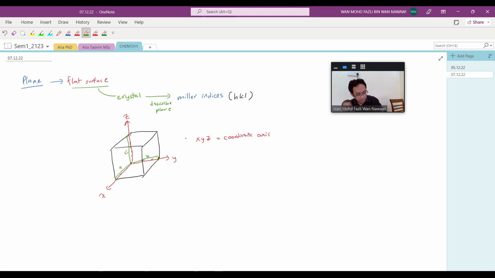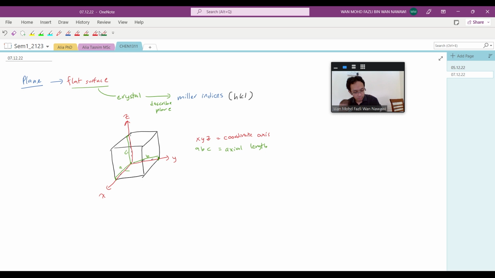So you have this A, B, C, which is the axial length. It can be half, it can be full, for example A can be until here, or until the end. So it depends. Now, what is HKL? HKL is basically the reciprocal of ABC.